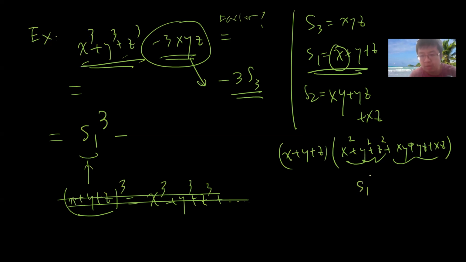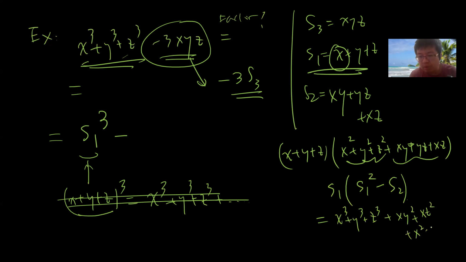You can write it as this, right? So you can write each of these in terms of the symmetric polynomials. This guy will be S1 cube, S1 squared minus S2, right? And then this guy is S1. Okay, so this is the power of 3, right? So you can expand it, but once you expand it, you notice that you get some cubes, and plus there are some xy square, xz square, x square y, xyz, and x square z terms.